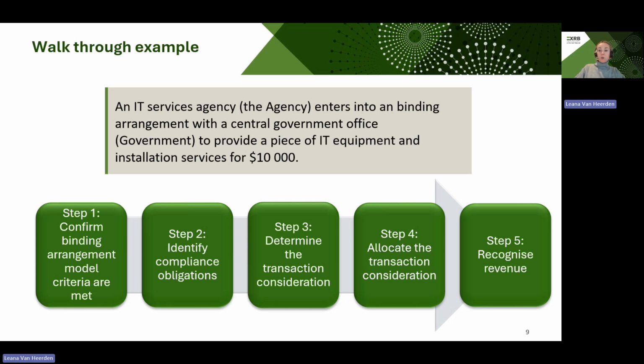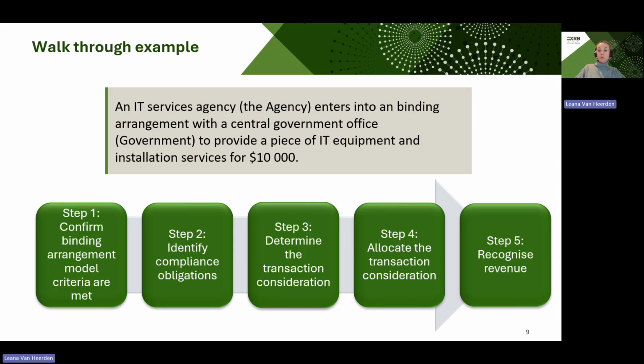The agency first needs to assess whether the arrangement with the government is binding and that the criteria in step 1 have been met. In the example, the entity concludes that the arrangement is binding. The next step is for the agency to identify its compliance obligations. The agency determines that there are 2 distinct promises.